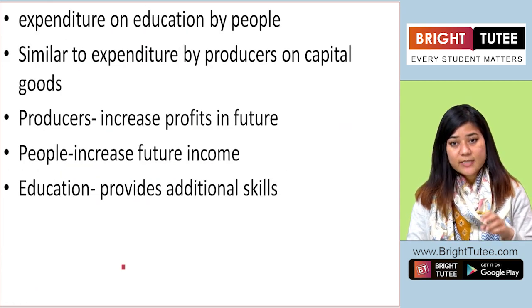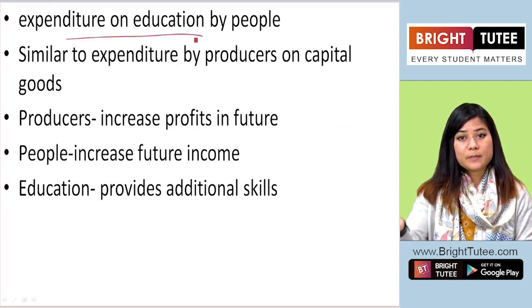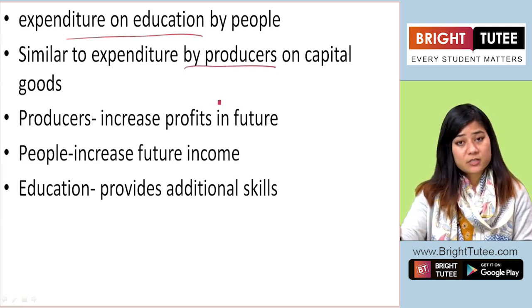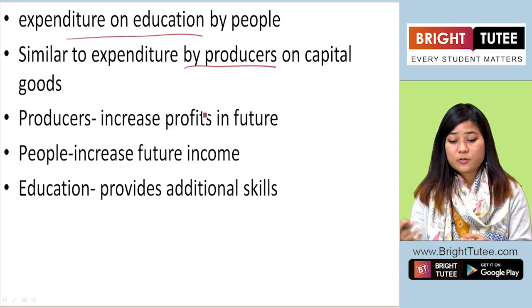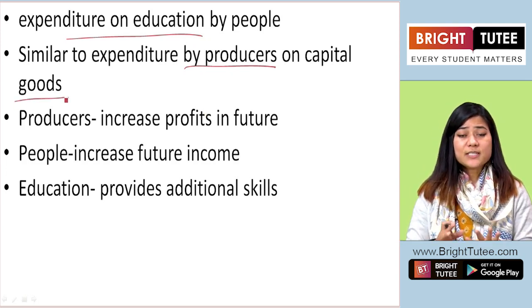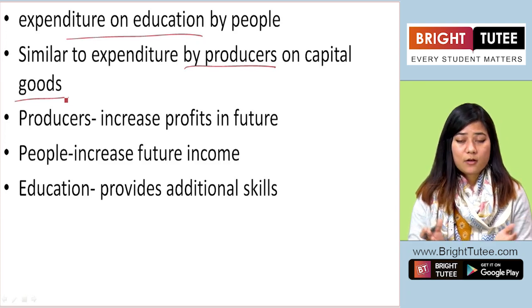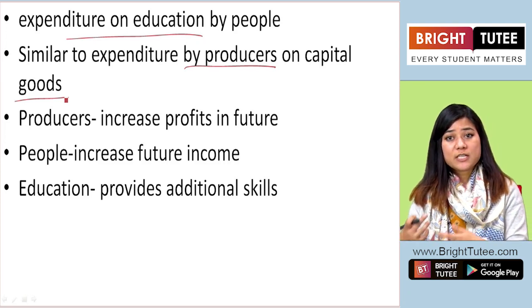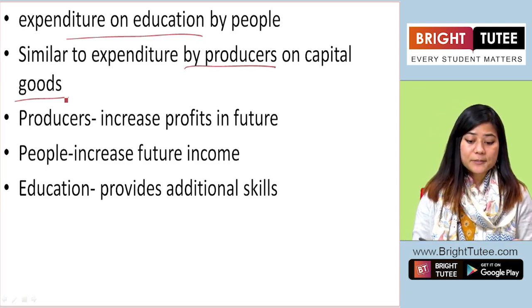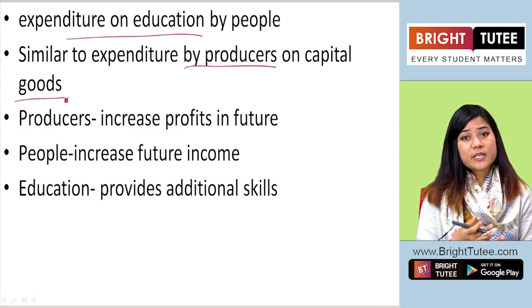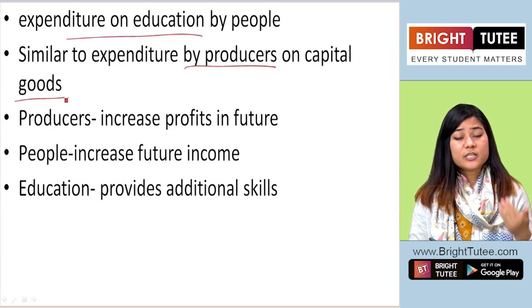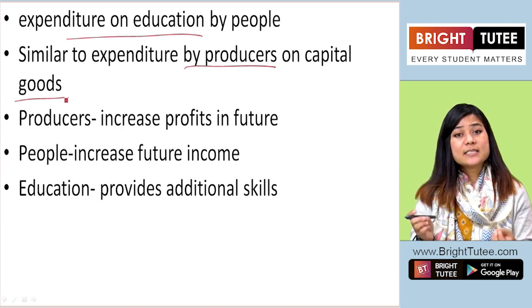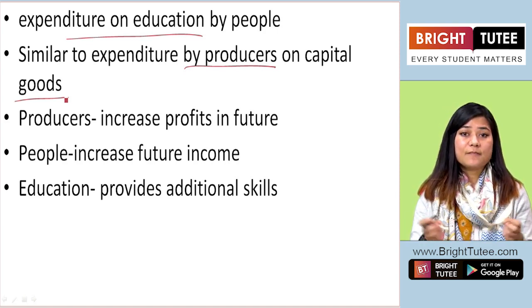Now, the expenditure or investment on education by the people is very similar to the expenditure or investment made by producers or private individuals on capital goods. Just like private individuals build industries and purchase equipment and machines, in a similar manner, investment in education, in constructing schools, research centers and libraries, can have similar results.